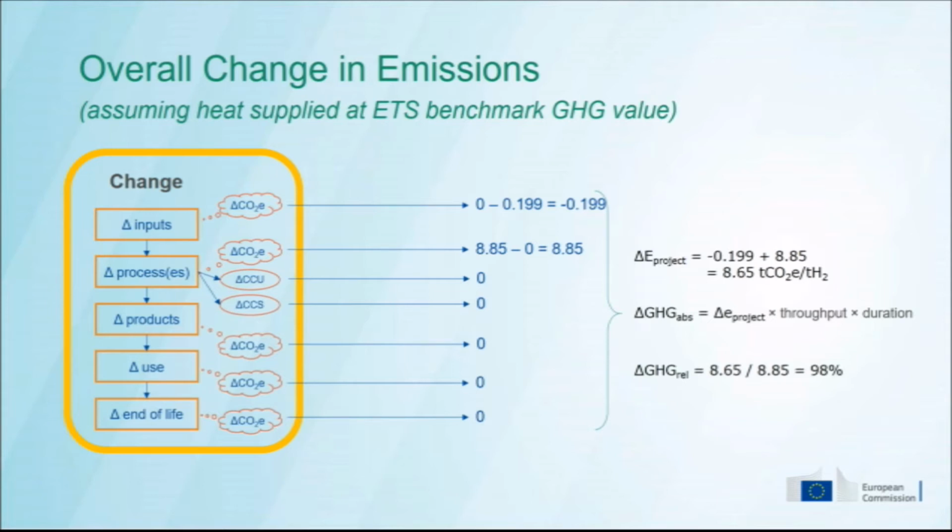You can look at absolute and relative as well. So the absolute would be the project emission savings by the throughput, so the amount of output from your system and the length of time it's running. The relative greenhouse gas savings are a percentage. So you can see you've got quite a big greenhouse gas saving under the Innovation Fund rules there of 98%.